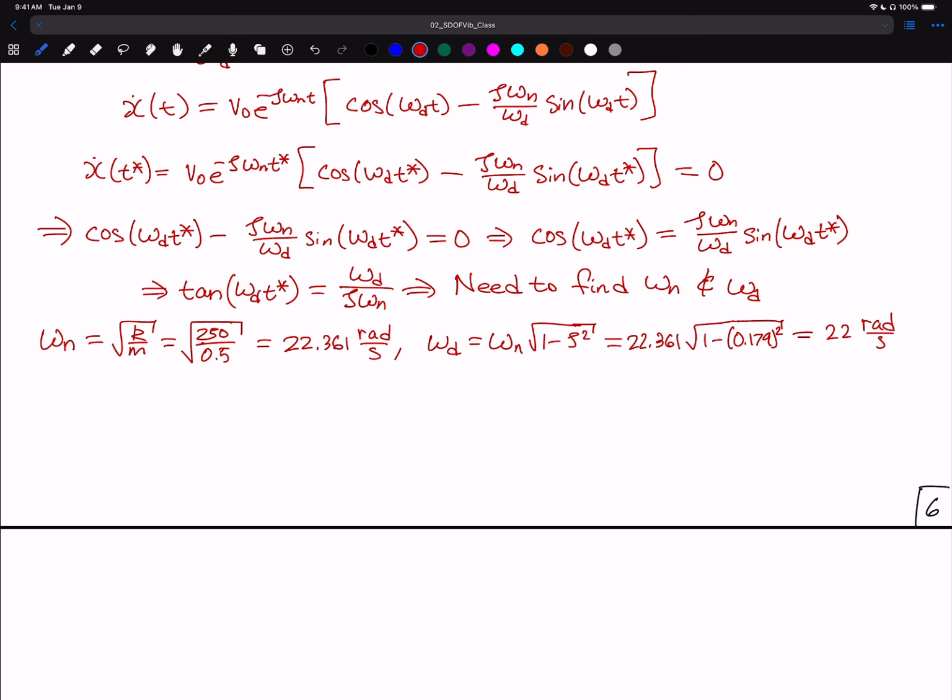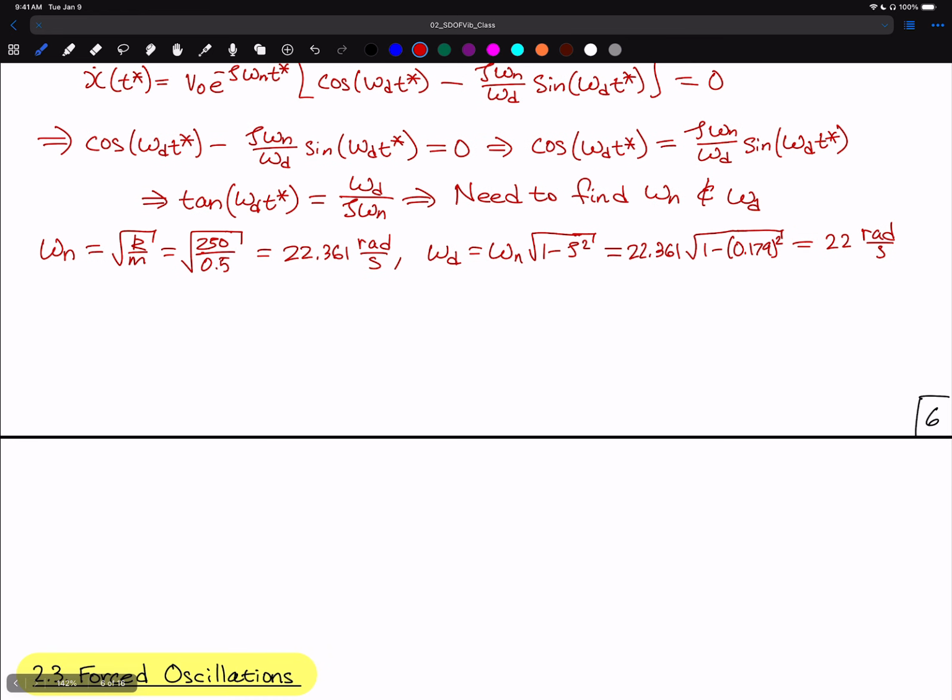Okay, we can then go ahead and find t star. So t star is going to be equal to 1 over omega d times the inverse tangent of omega d divided by zeta omega n.